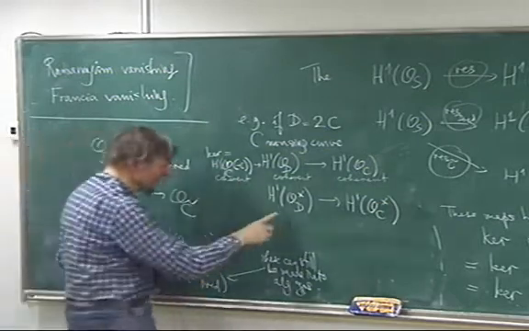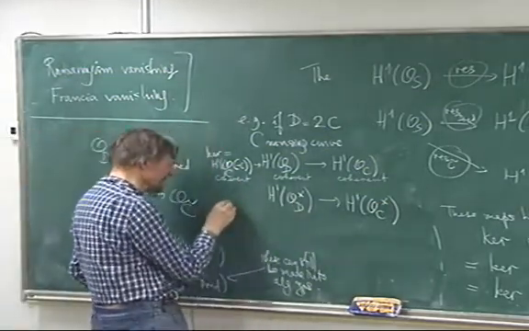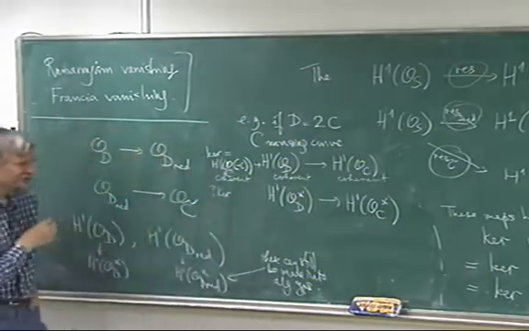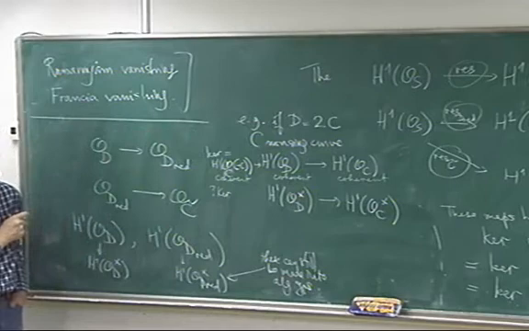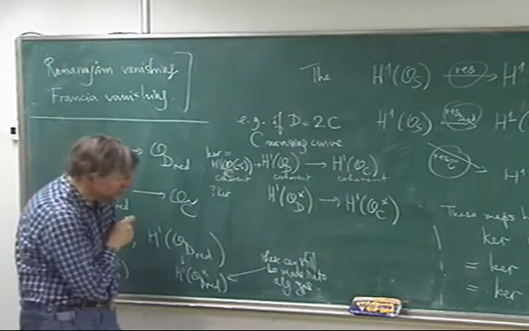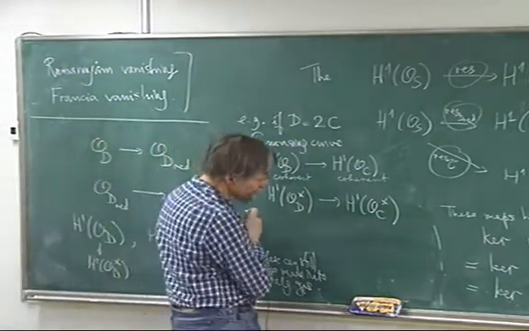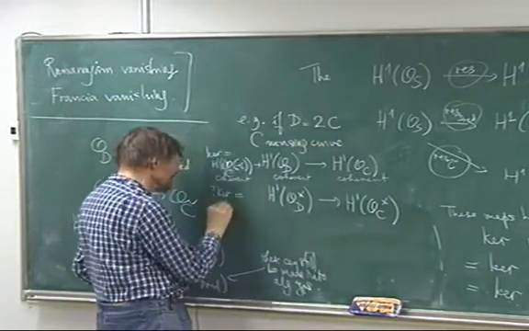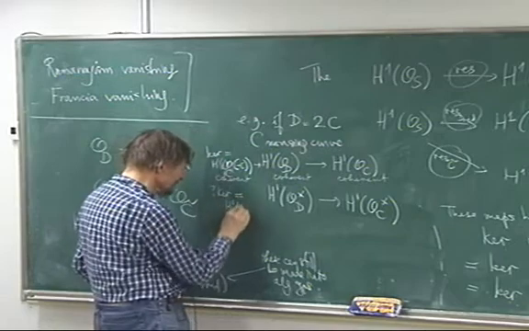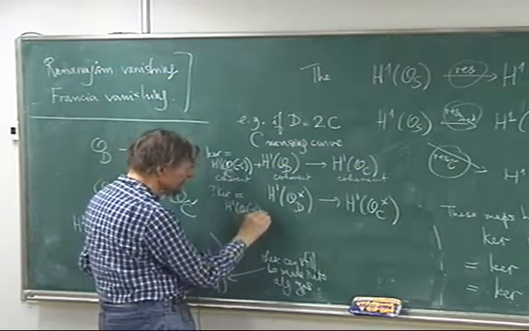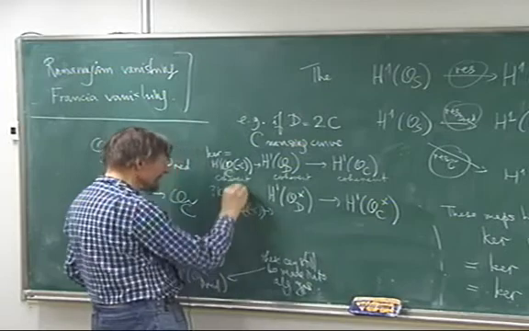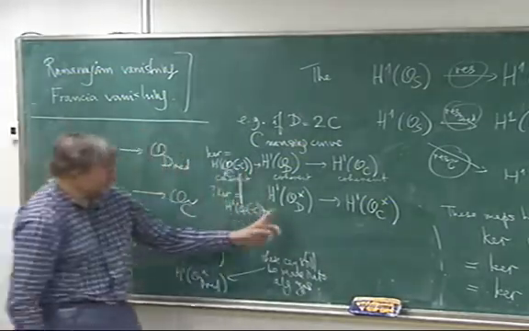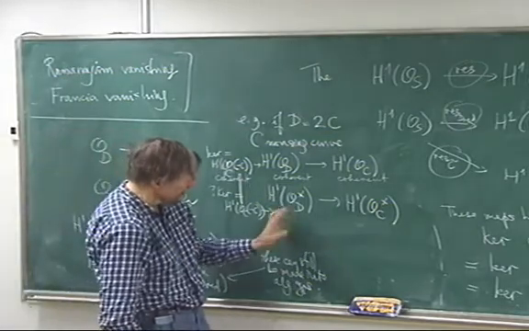Okay, but now what about the kernel here? What's the kernel? So the point is that the kernel here is equal to H1 OC of minus C. These two kernels are the same thing, right? So what's happening here?